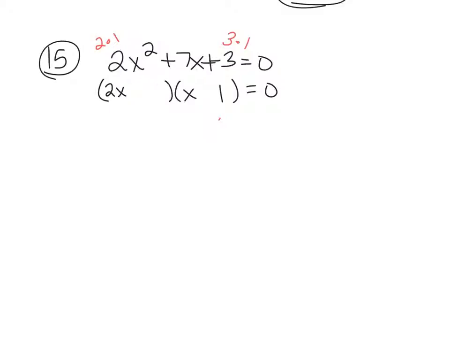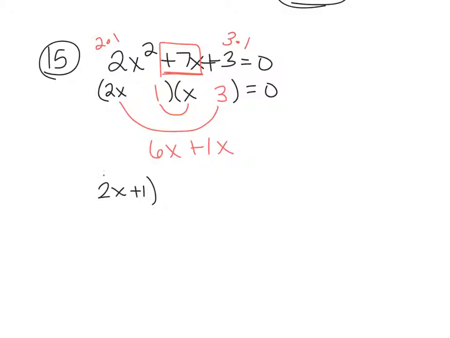Instead, let's put 1 here and 3 here. Now when we do this, 2x times 3 is 6x. 1 times x would be 1x, and that will give us our 7x that we need in the middle. So what we have is 2x plus 1 times x plus 3.